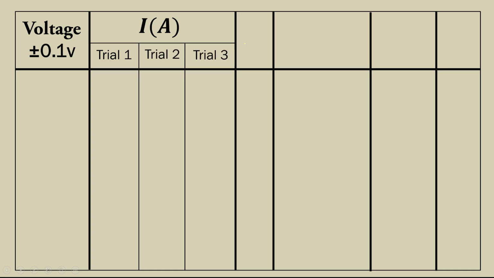Let me show you a sample. Here I have the voltage. The raw uncertainty here is plus or minus 0.1 volt, according to the digital apparatus I've used. The current here is based on trial 1, trial 2, trial 3, and the average. So here you will have uncertainty based on 3 trials. It's different.